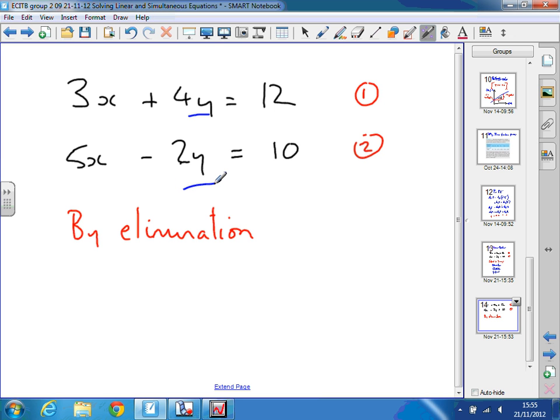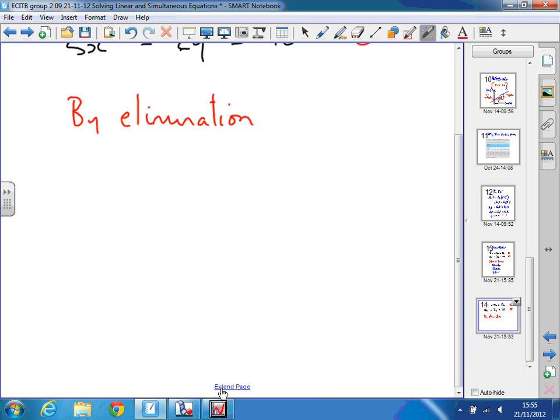So the first thing is just to look at them and think to yourself, how can I make x's or y's the same in both equations? So that's what we're going to do. And so I'd write down multiply equation 2 by 2, and I'll use an abbreviation like that, or I use the multiplication symbol.